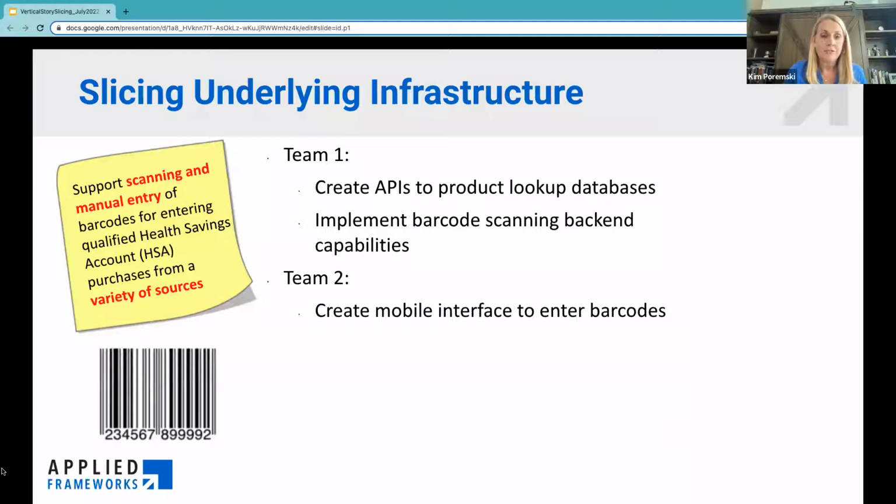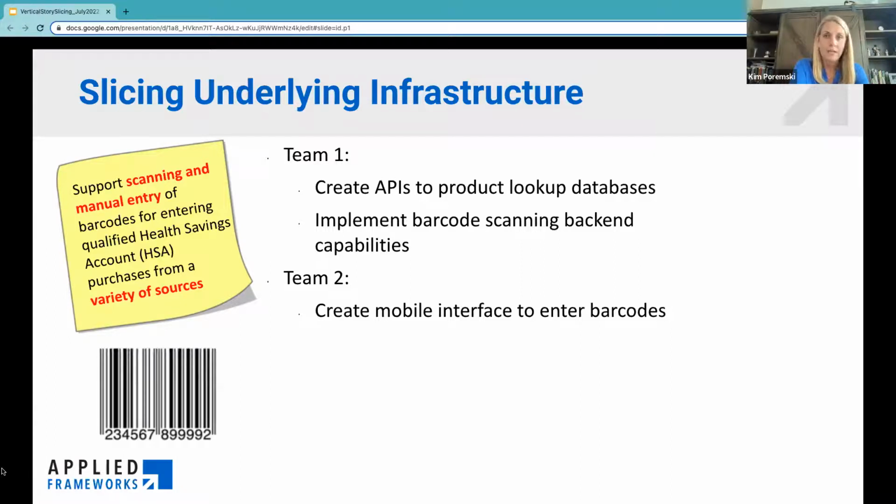So I am interested in understanding, do you have a unique situation or scenario where you have tried to break things down and you didn't really know how to do it, and it may not fit a typical UI, middleware, database type layer scenario?